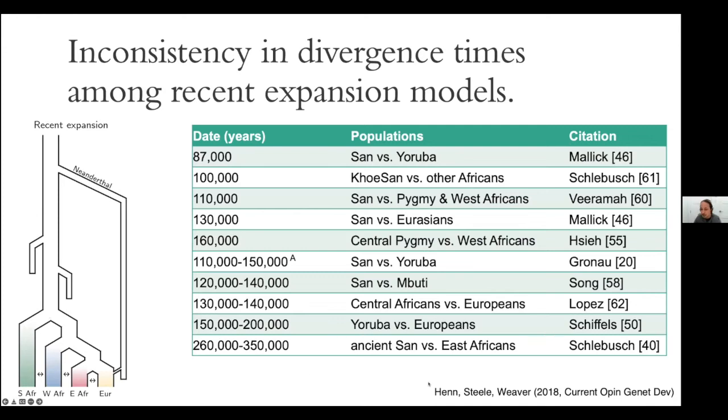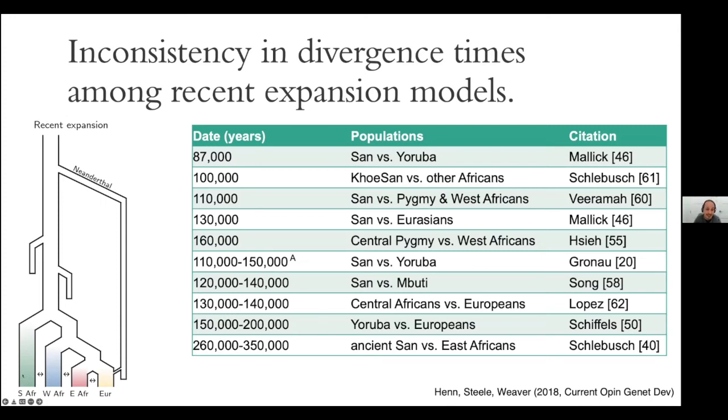In this review paper, collaborator Brenna Henn tallied these estimates of how far back these splits might have occurred, with the idea that if we have what we call a recent expansion model, where all populations within Africa have a recent-ish common ancestor, we should consistently find that time in our estimates of divergence.